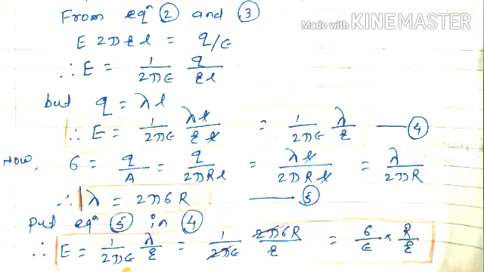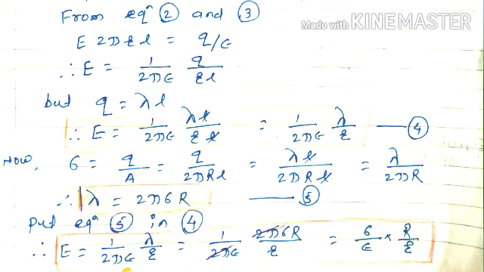Therefore E equals 1 upon 2 pi epsilon into lambda upon small r, which equals 1 upon 2 pi epsilon into 2 pi sigma capital R upon small r. In this case 2 pi gets cancelled. So E equals sigma upon epsilon into capital R upon small r.